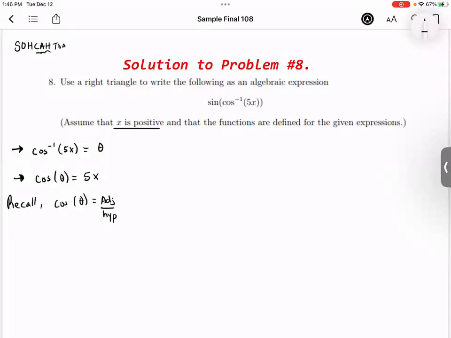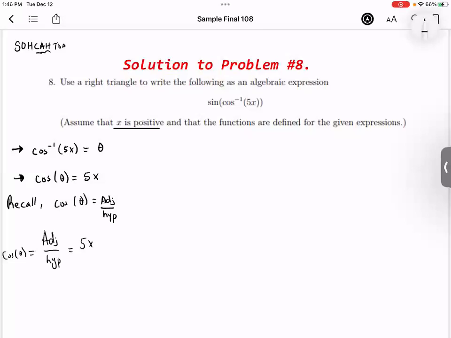We need to create a right triangle based on what I have here. Since cosine of theta by definition is adjacent over hypotenuse, which is also equal to 5x in this problem.